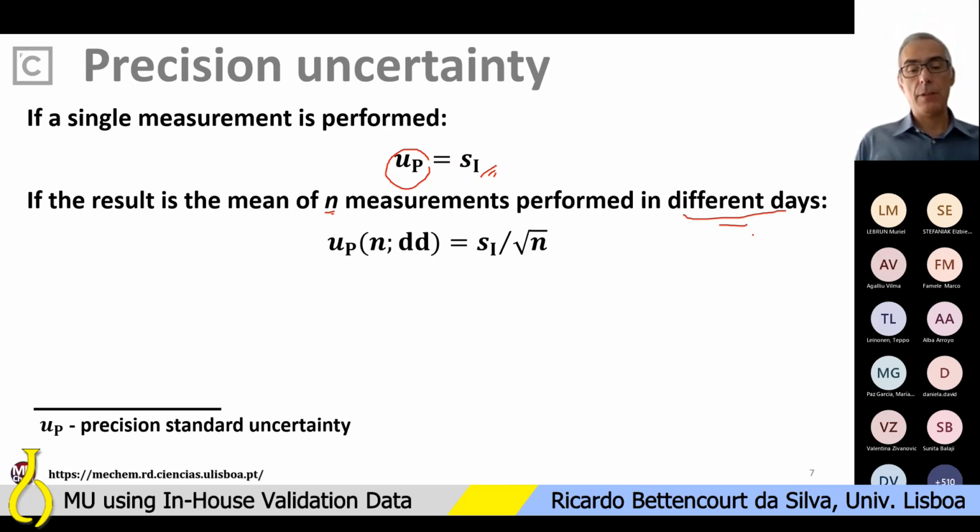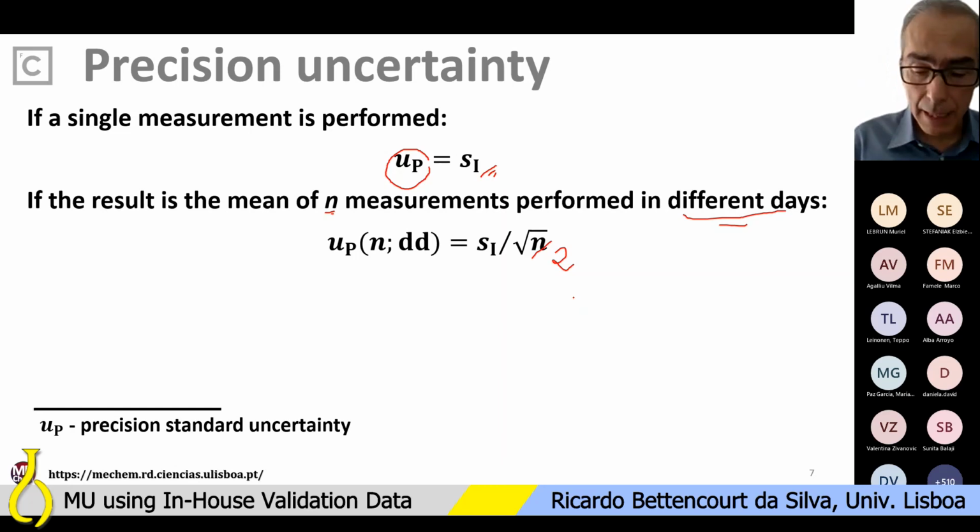In this case, if the duplicates in 2 days agree with each other, you report the mean of 2 results, and the standard uncertainty for measurement precision, so the intermediate precision of these duplicates obtained in 2 different days, will be the intermediate precision standard deviation divided by square root of 2. In this case, 2 days. So your precision gets better when you decide to do the analysis several times in n days. It will be square root of n times better.